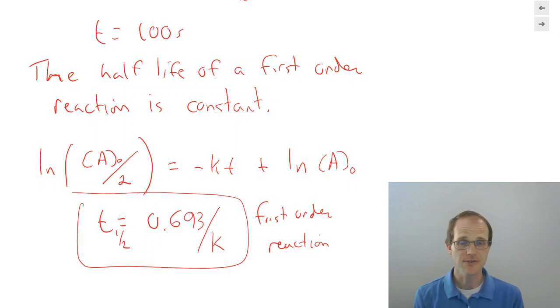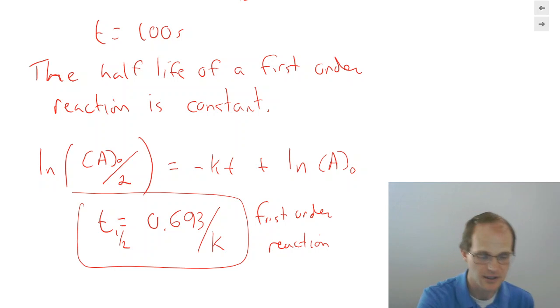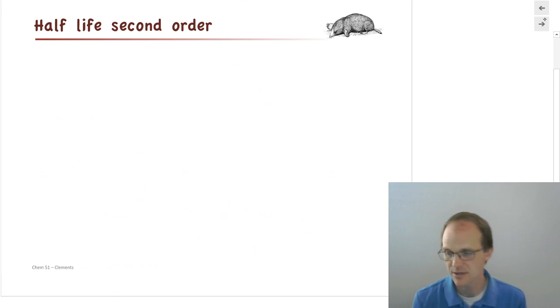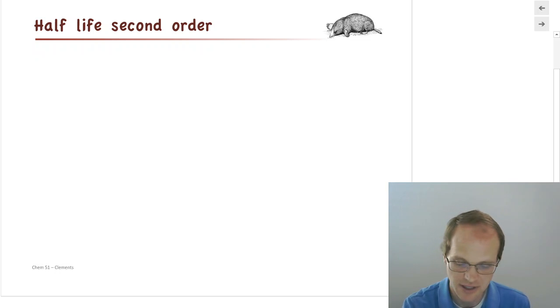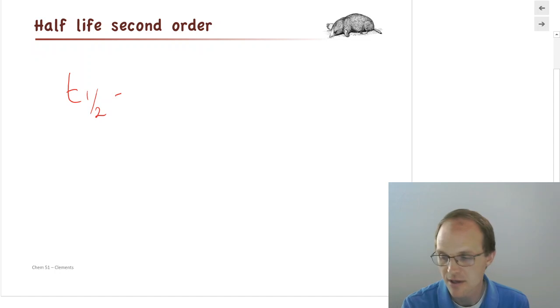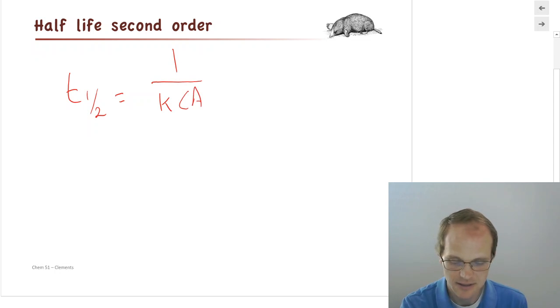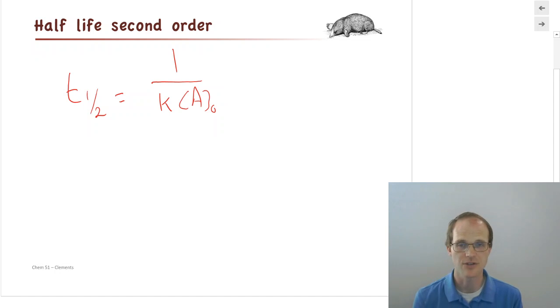Well, we said it's true for first order. How about for second order or zero order? So let's go ahead and do those. For a second order reaction, I'm not going to do all of the math for you. I'm going to tell you that for a second order reaction, t1/2 is 1 over k times our initial concentration.